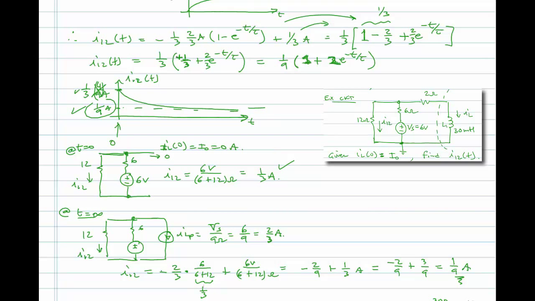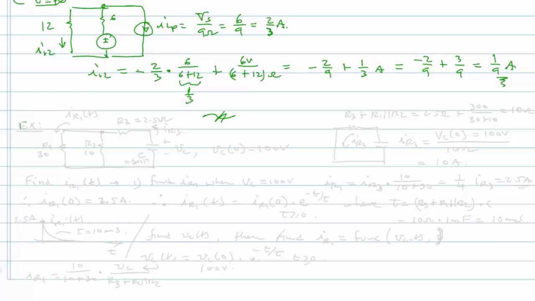Okay. Okay, let's do one more example. This is a capacitor resistor example, and this one will have no independent sources, so just 3 resistors and a capacitor. R1, R2, R3. R1 is 30 ohms, R2 is 10 ohms, R3 is 2.5 ohms.